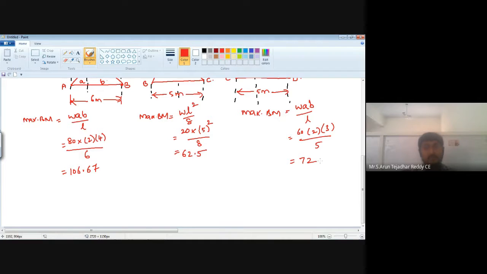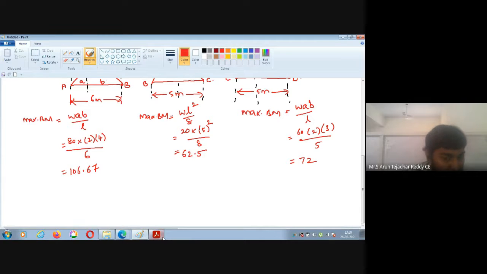Okay, so this is your entire first step. Here the first step is to draw the free bending moment diagram, or else draw the maximum bending moment diagram. After drawing the free bending moment diagram, these are the values. This is your first step.